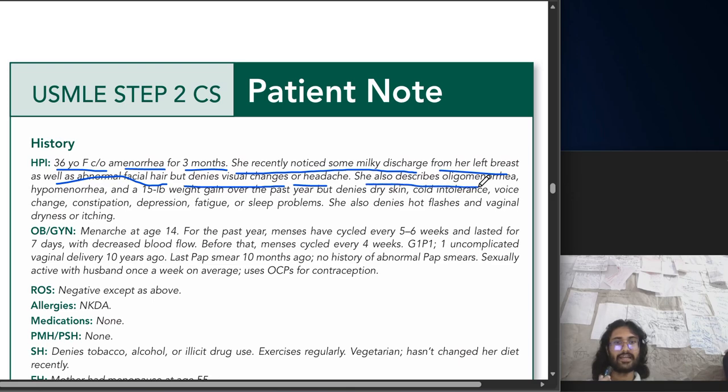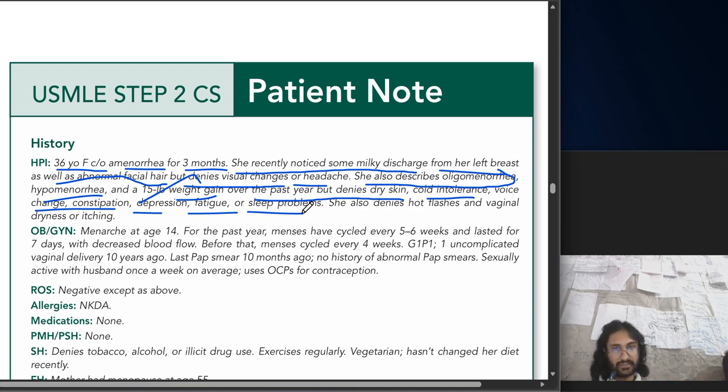So she also describes oligomenorrhea. Oligomenorrhea is like very less blood during the periods. Hypomenorrhea and a 15 lb weight gain. Okay, there's a weight gain over the past year, but she denies dry skin, cold intolerance, voice change, constipation, depression, fatigue, any kind of sleep problems. These things she's not having.